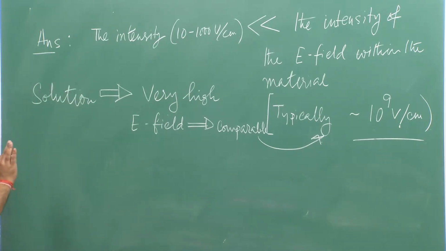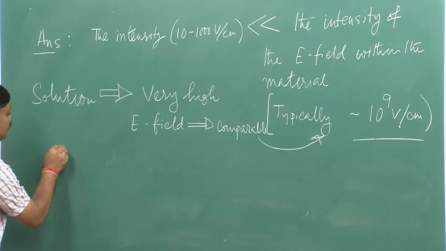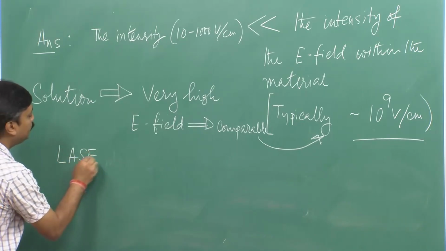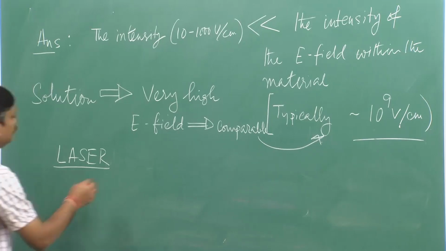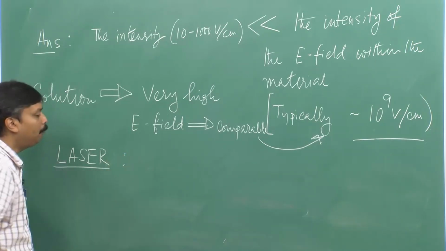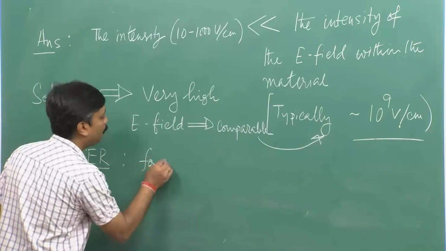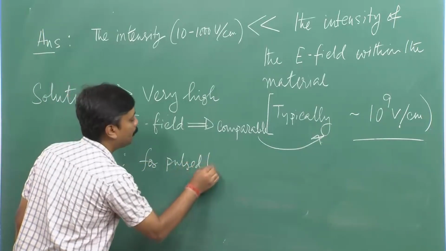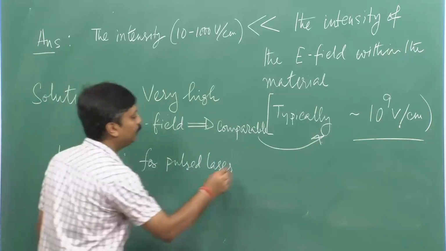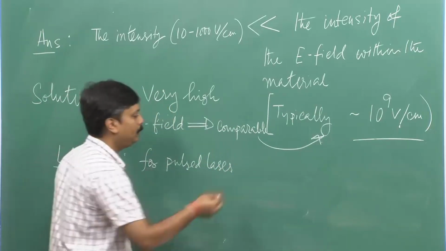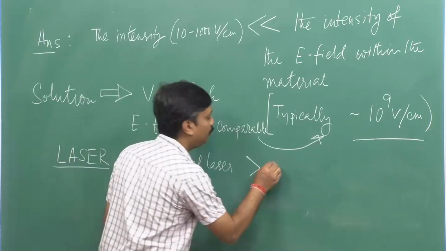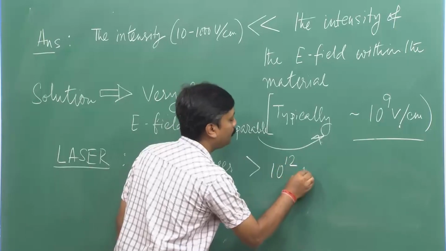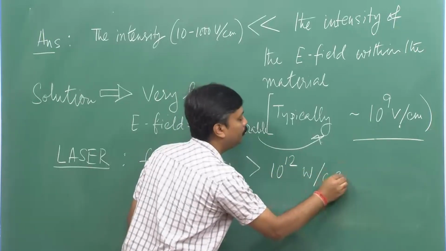Now, if I consider a laser, what is the typical intensity of a laser? If I consider particularly a pulse laser, the intensity of the laser beam can be much greater than a terawatt per centimeter square.